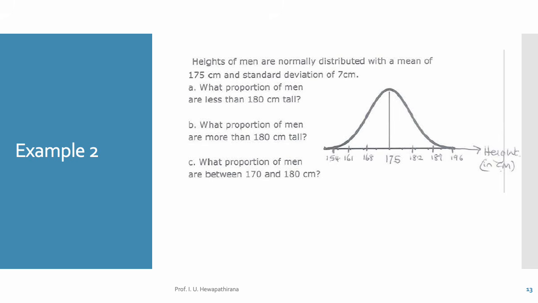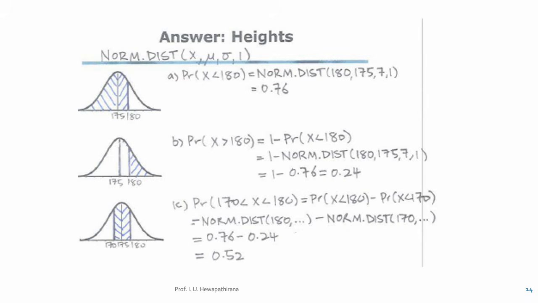Next, what proportion of men are between 170 and 180? So what is being asked is the area of the curve between 170 and 180. So that would be probability x less than 180, we take this whole area, minus probability x less than 170. To get only this colored area, we have to subtract this unshaded area.